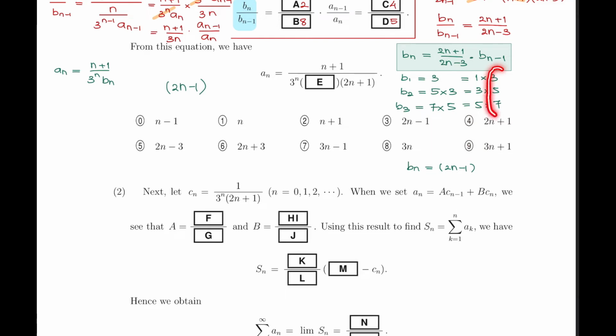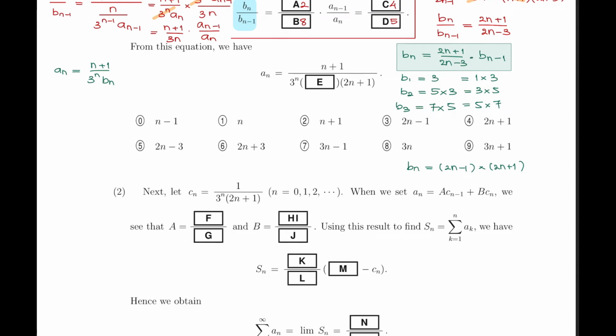And then the next odd number is 2n plus 1. 2n plus 1 will represent 3, 5, 7 when n equals 1, 2, 3, and so on.